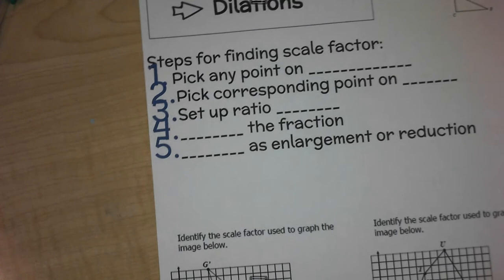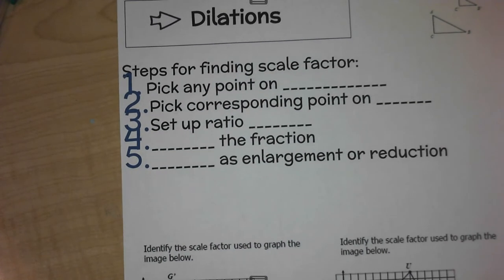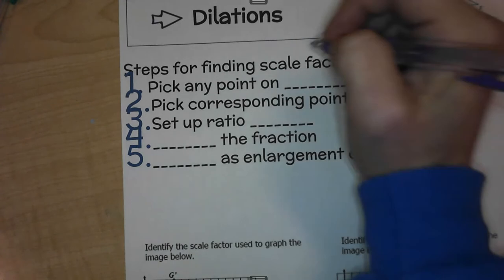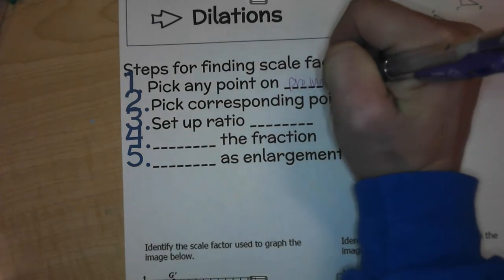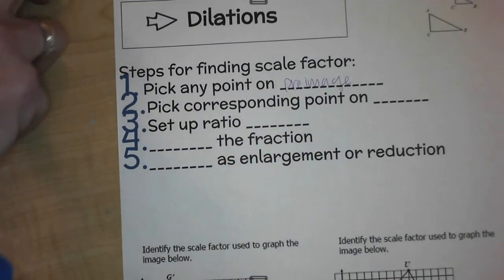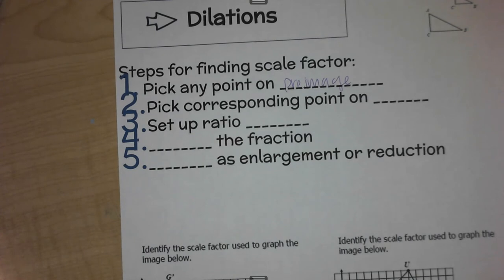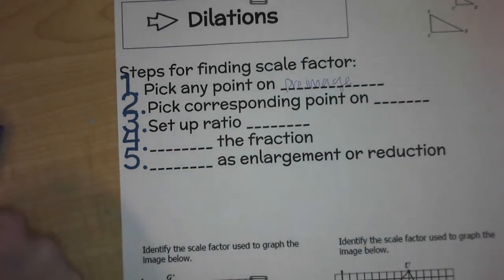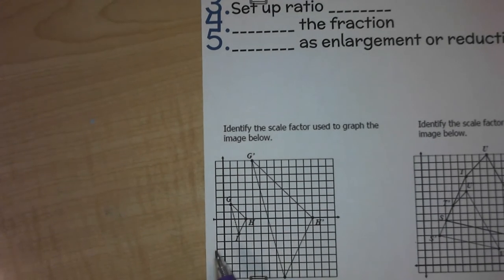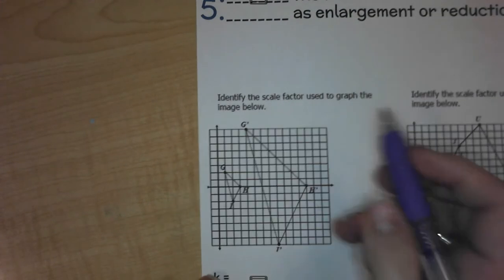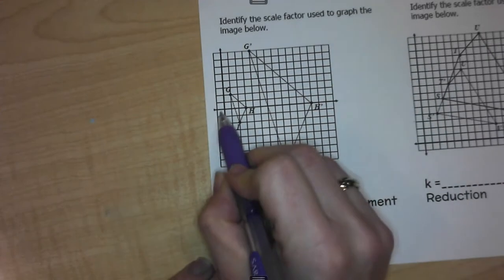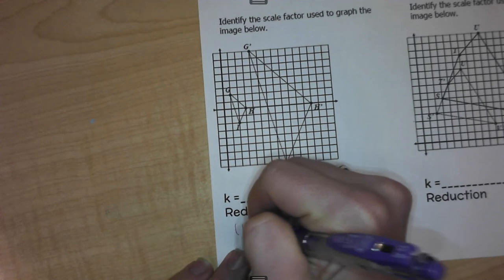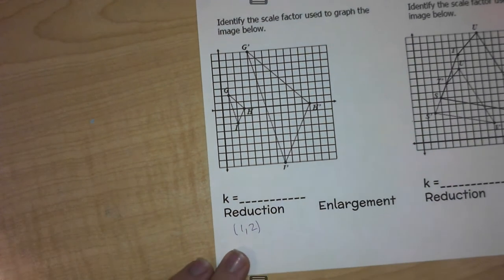So I have some steps up here. You can pick any point on your pre-image and pick a corresponding point. Let's back up. So let's pick a point. Remember we said this one was the pre-image. So let's pick G, and that looks like it is at 1, 2.